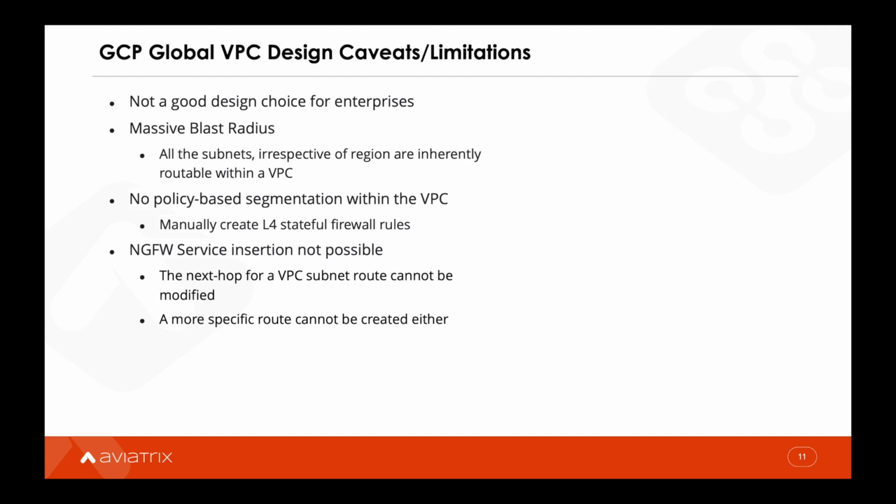So for that reason, it's very important that you create multiple VPCs based on the workload and the business requirement, and then connect them together with a proper hub and spoke transit-based architecture that also allows you to insert the next generation firewall or other services into your traffic flow in a policy-based manner.